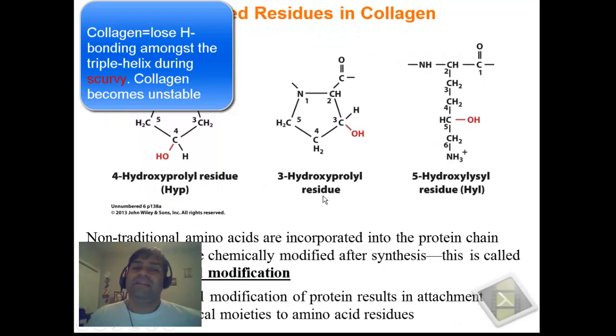Without vitamin C and that vitamin C dependent hydroxylation reaction, you lose collagen's ability to perform its function, and that disease is known as scurvy. Scurvy is the deficiency of vitamin C, which prevents collagen from functioning because you lose the hydroxylation reaction.